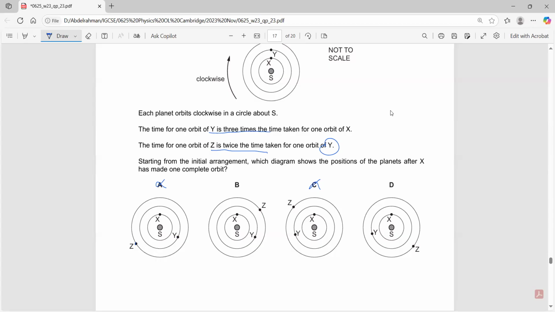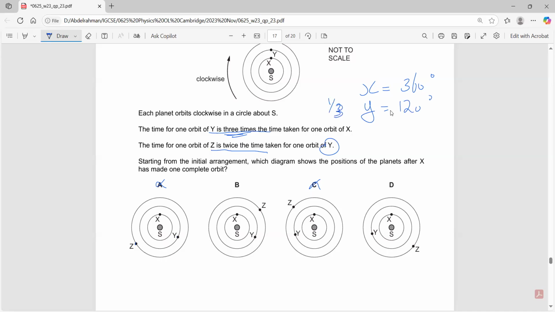Should it be B or should it be D? He said that Y takes 3 times longer than X. So if X completes one full circuit, 360 degrees, Y will only complete 120 degrees, which is 1/3 of a circuit.